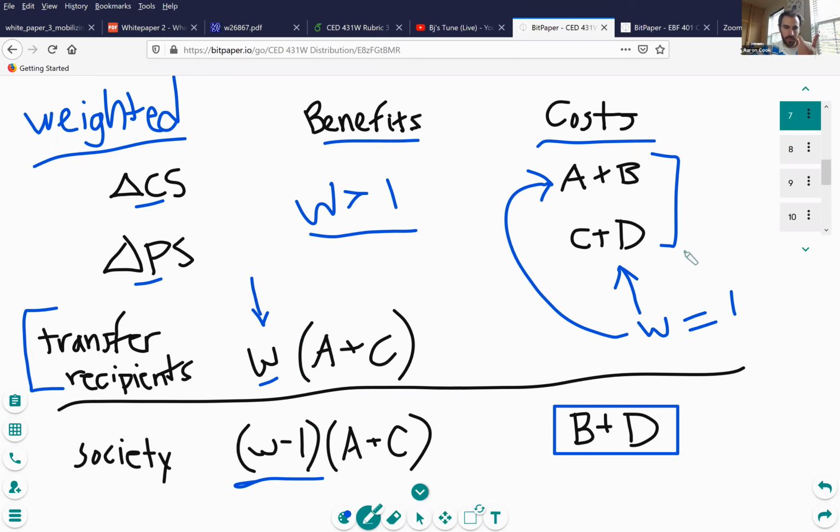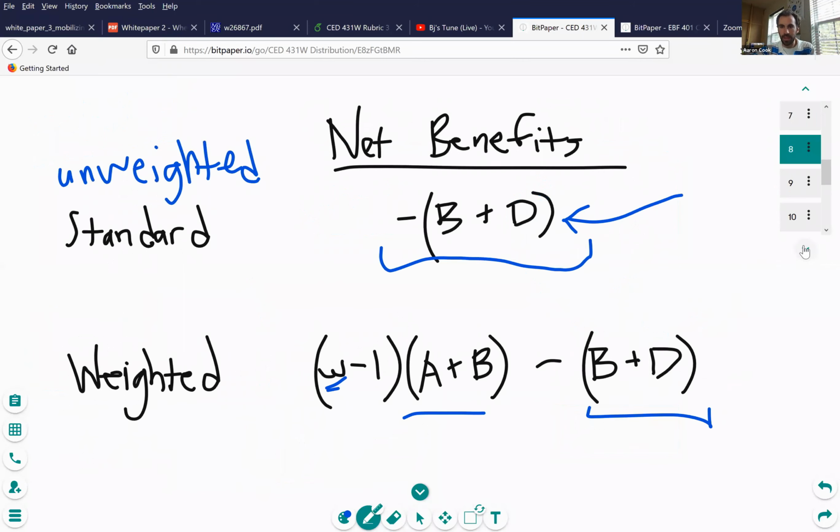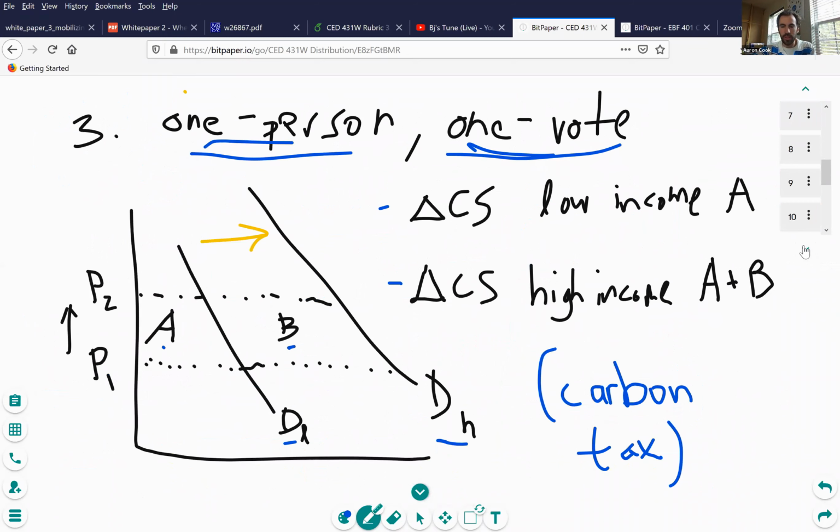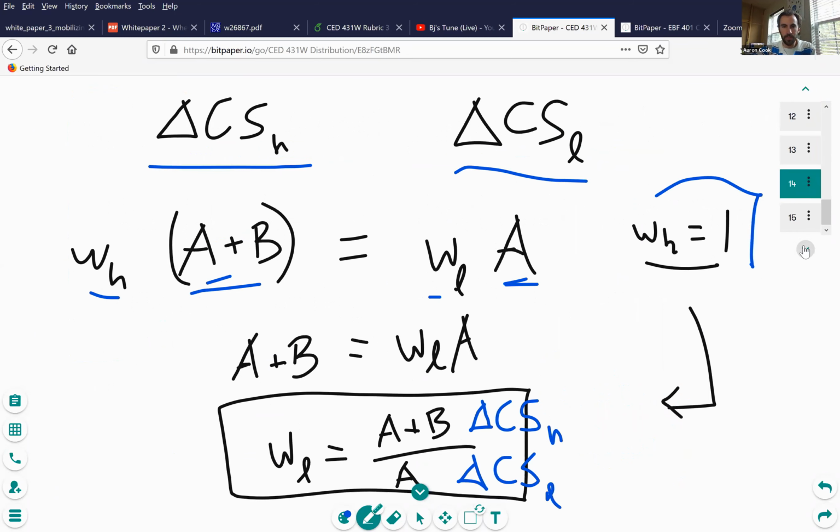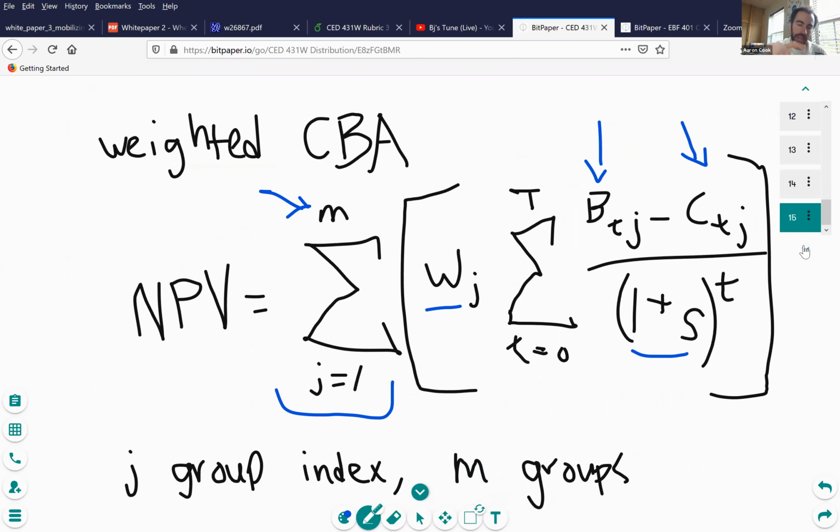Once you plug that into this general form, J equal to 1 could be the consumers, J equal to 2 could be the producers, and J equal to 3 could be the transfer recipients. You would just apply each of those weights and then add those up, and that's implicitly what's being done.